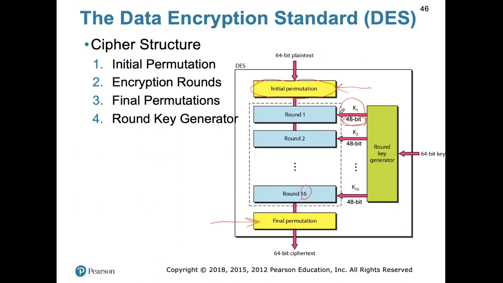So it takes a 48-bit key and performs the first round of encryption. It takes another round key, again 48 bits, performs the second round, and all the way it takes another 48 bits and conducts the last round of encryption. But these 48-bit keys come out of a 64-bit master key.